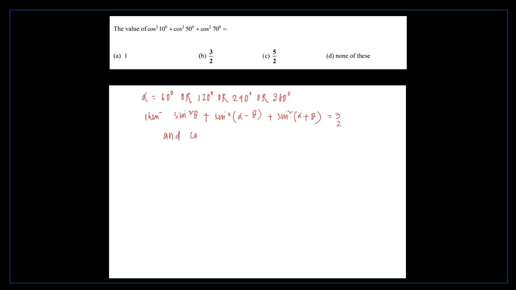We can also write cos square theta plus cos square of alpha minus theta plus cos square of alpha plus theta equal to the same result, that is 3 by 2.